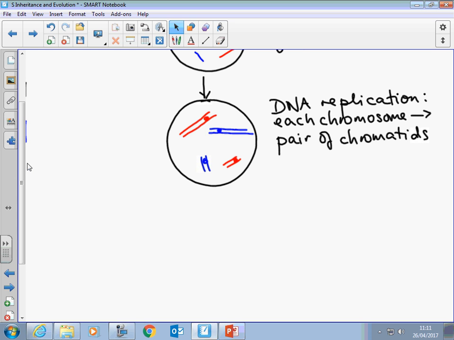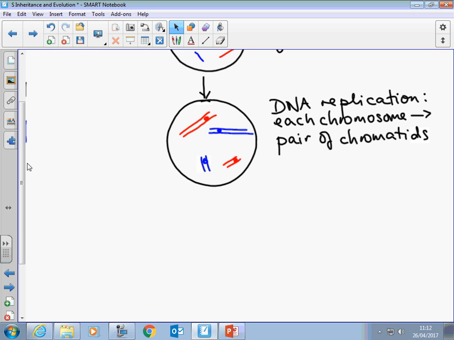The exchange of material between them is such that a little bit off the left-hand chromatid of the long red exchanges with the same bit off the right-hand blue one. So you're exchanging the same genes, but quite possibly different alleles of those genes, different versions of those genes. If you're exchanging, let's say, that eye color one, you might be exchanging brown and blue between them. So you're getting different combinations of alleles for the same genes.